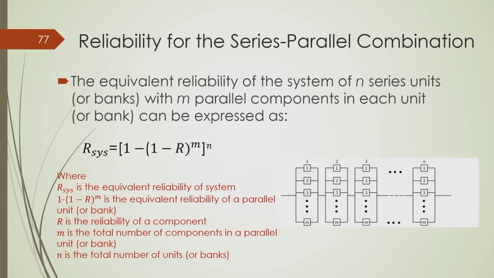Now, similarly, we may have m number of identical units connected in parallel, and we have n number of such units. So, this is unit 1, this is unit 2, and we have n number of such units, this is unit n.